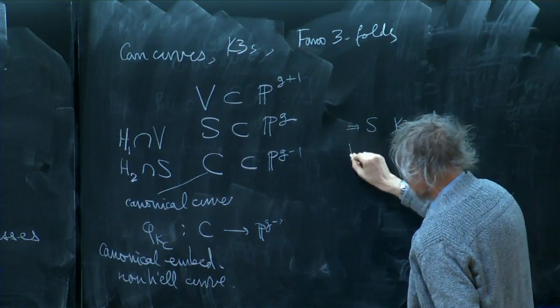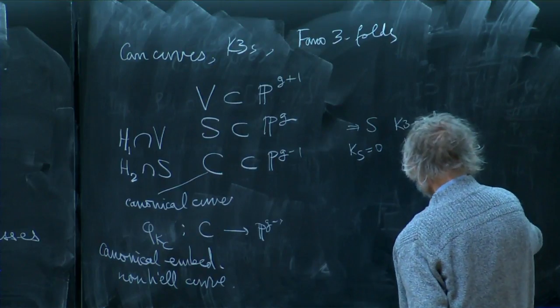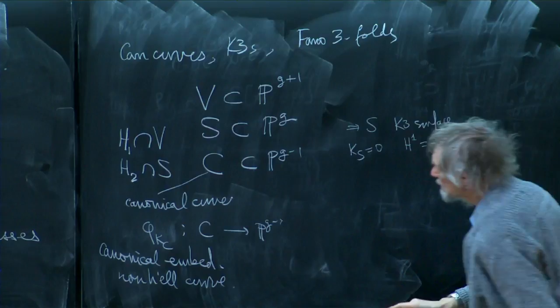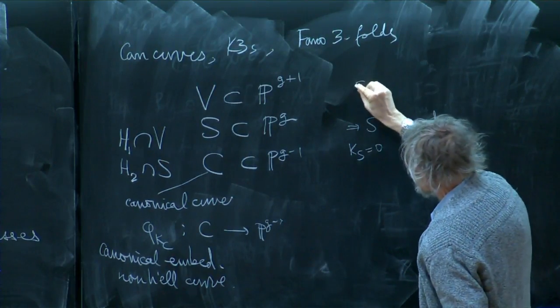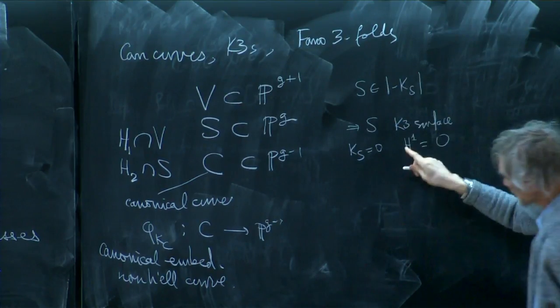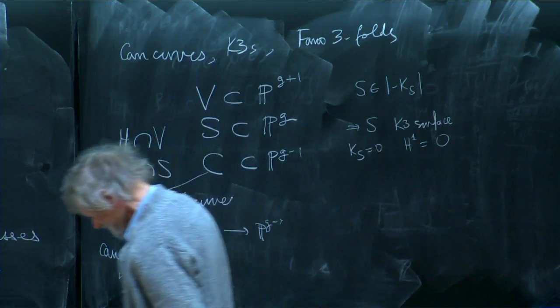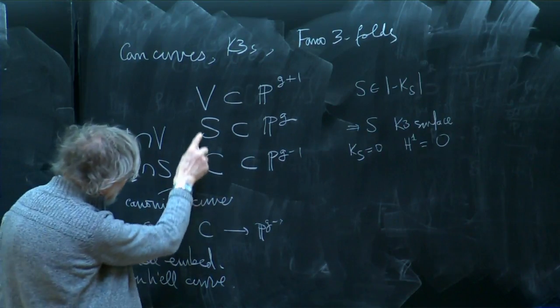So it has K_S equals 0 and H^1 equals 0, and S is in minus K_S. You prove this; for example, it's proved in my Park City lecture notes, but of course it was well known a long time before then. As far as Fano was concerned, this was the definition.